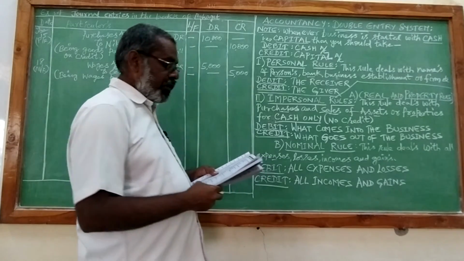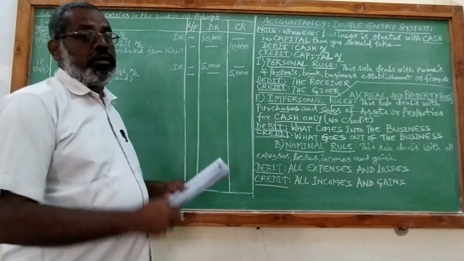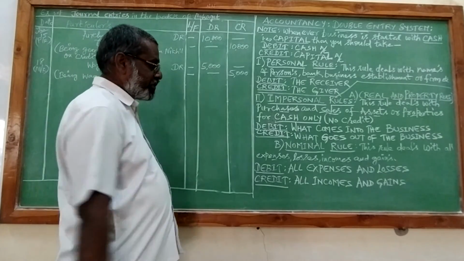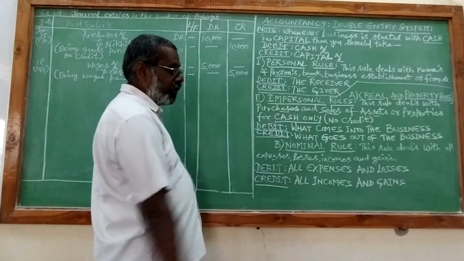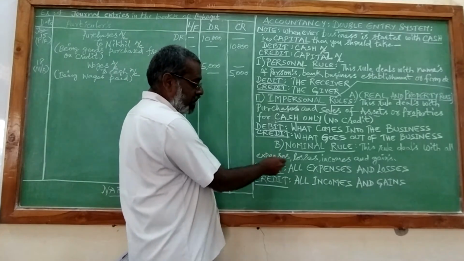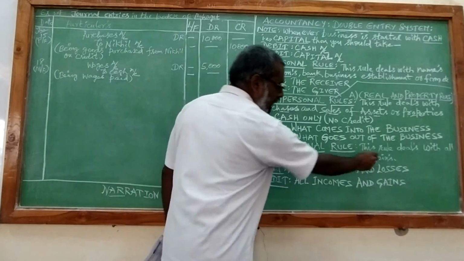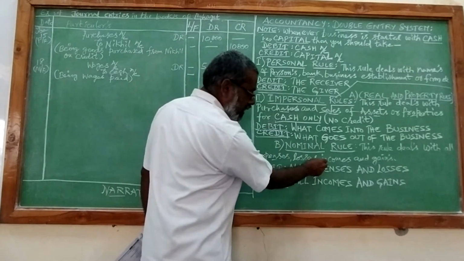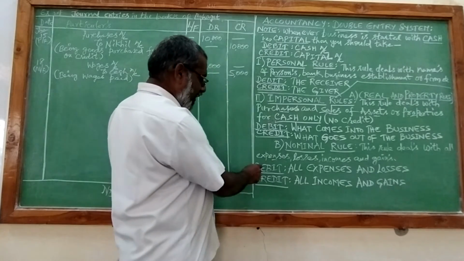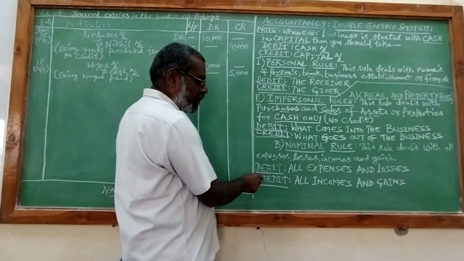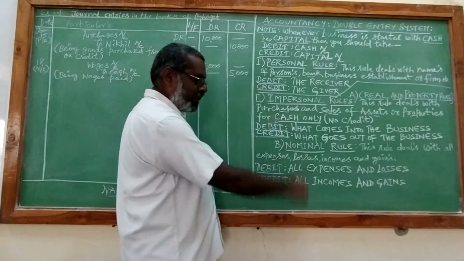January 21st, interest received through check. Interest received comes under nominal rule because, as I have told several times, this rule deals with all expenses, losses, incomes and gains of the business. Interest received is an income to the business, so it is dealt under nominal rule: debit all expenses and losses, credit all incomes and gains.